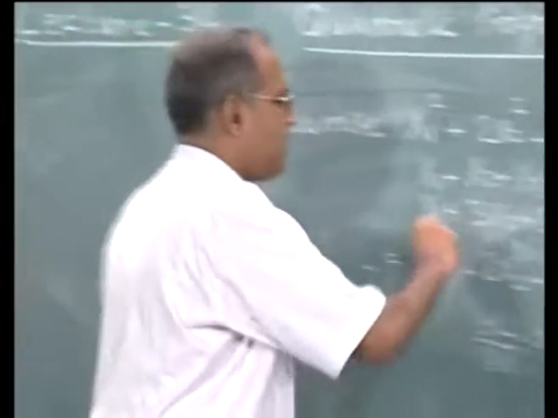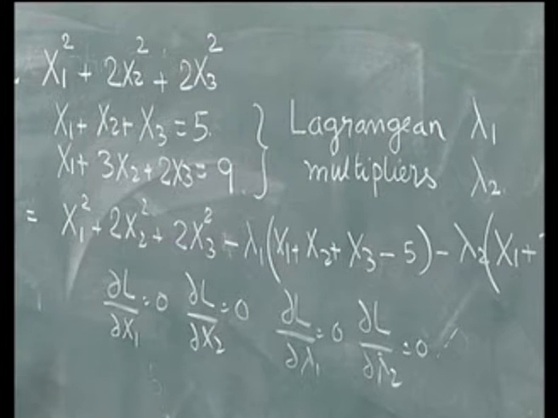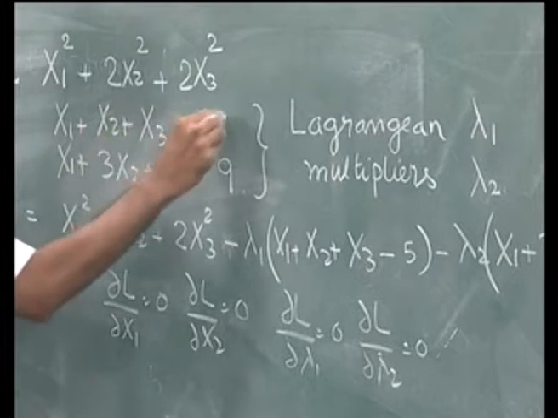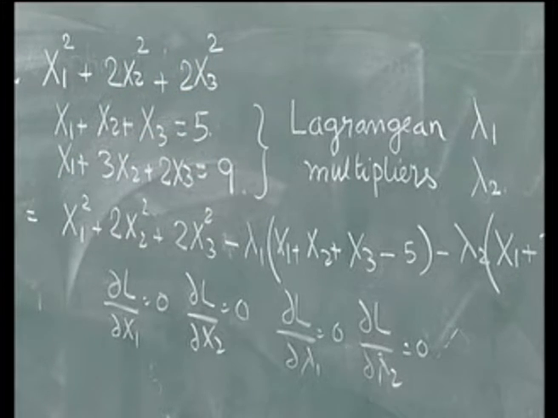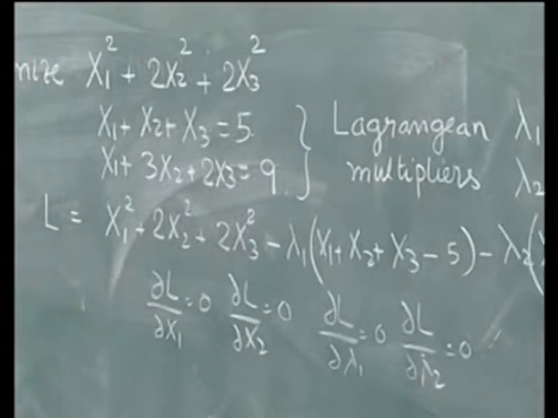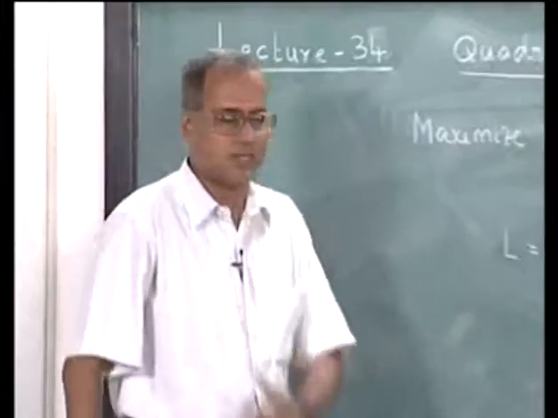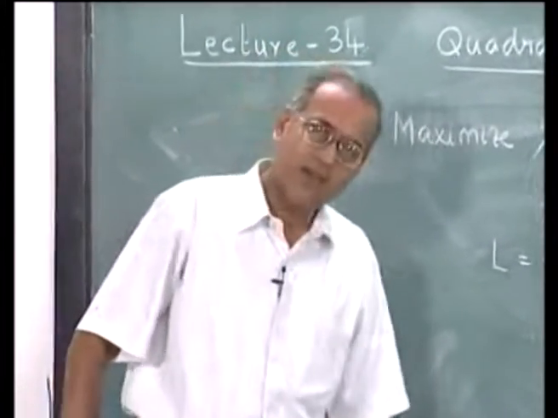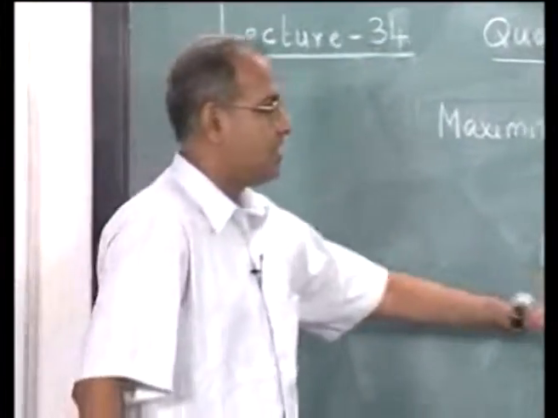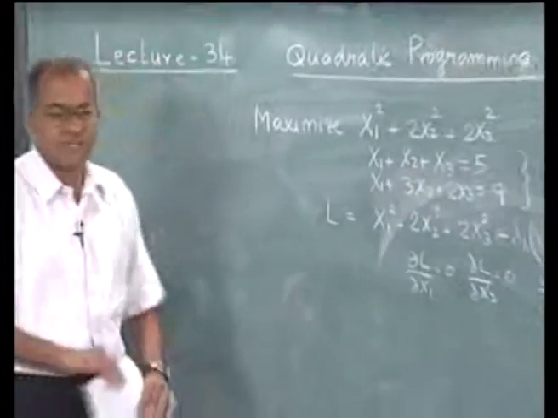So, whenever we have equations, we can use the method of Lagrangian multipliers: introduce as many Lagrangian multipliers, take it into the objective function, and then use dou L by dou x equal to 0, dou L by dou lambda equal to 0, and solving the resultant system would give us the corner point. Except that we need to know how to solve the resultant system.